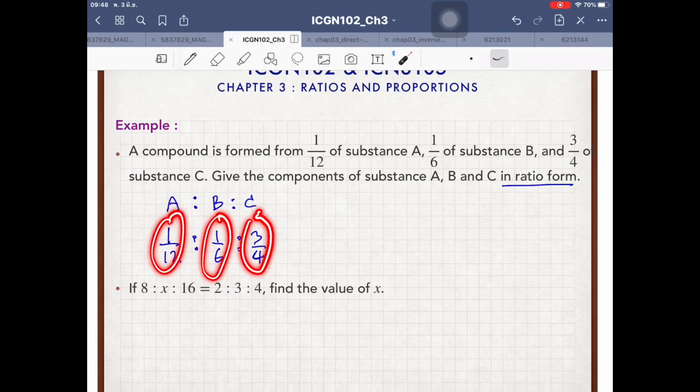But to be in the ratio form, we should make each number just an integer, all right?